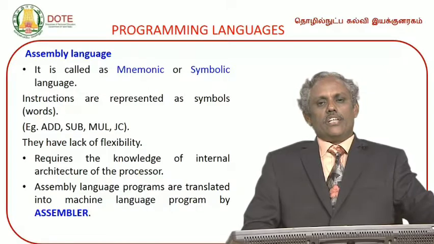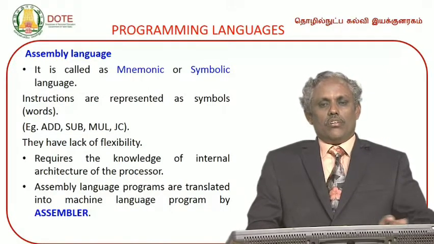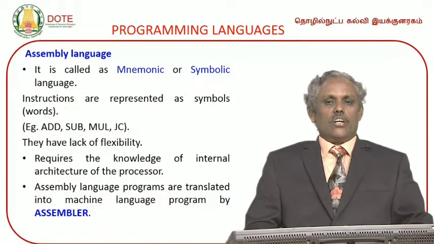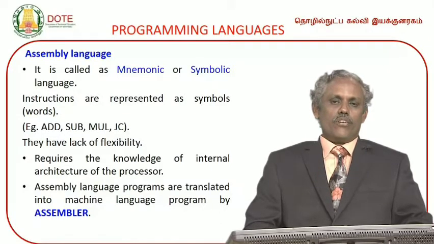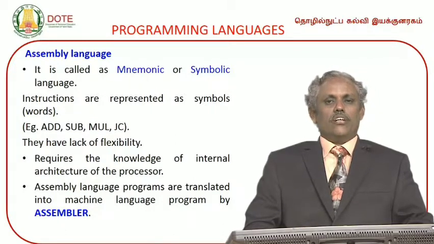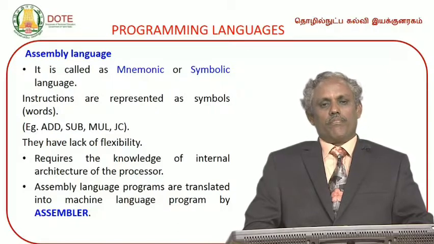So, the difficulty is reduced by the scientists, and they developed another language called assembly language. So, this is a simplified form of machine language. Instead of using codes, we can directly use some mnemonics or symbols for representing operations.